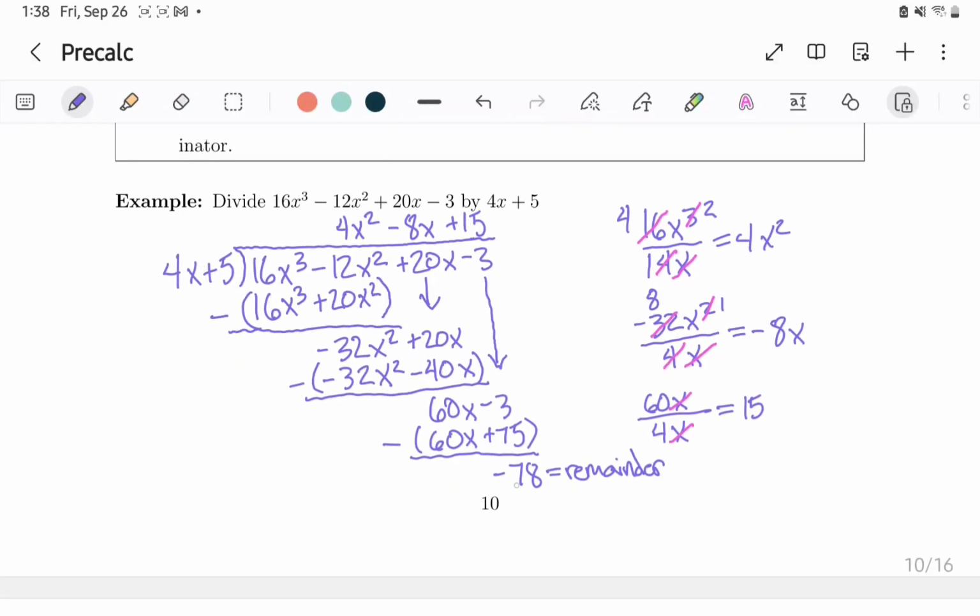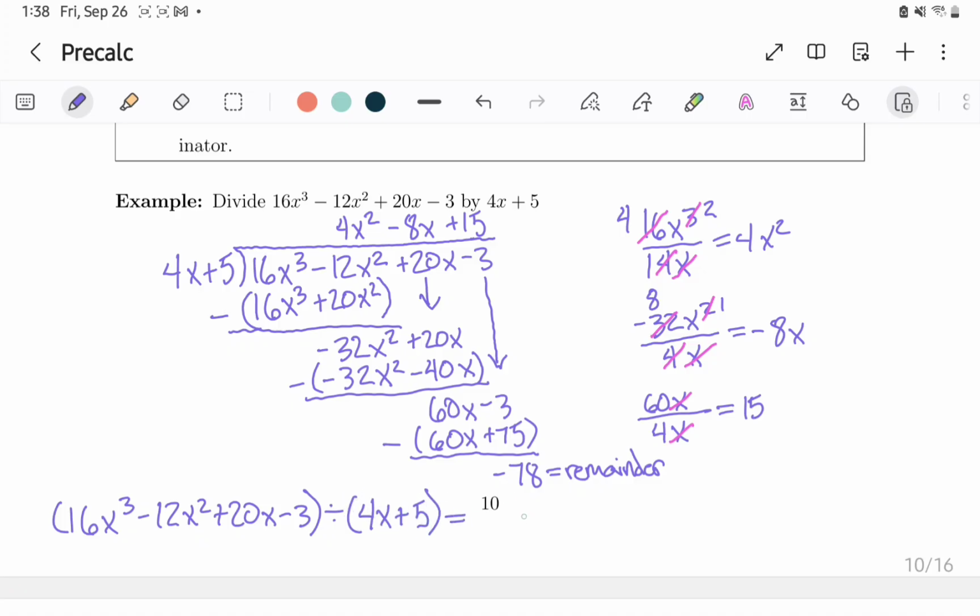All right, and so what we end up with, well, let's go off to the side here. So we have 16x cubed minus 12x squared plus 20x minus 3. We divided this by 4x plus 5.